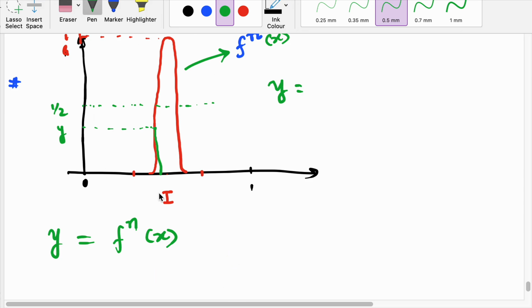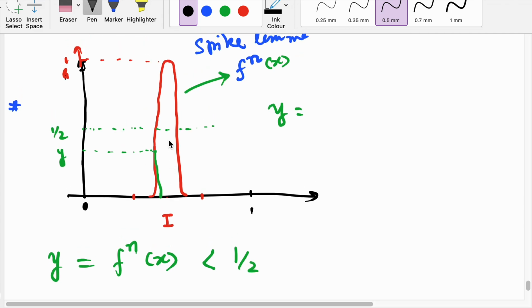One is what I have shown here, that f^n(x) is less than half. Now you see something interesting here. You can always choose a point in this interval, because there will be some x which maps to 1.